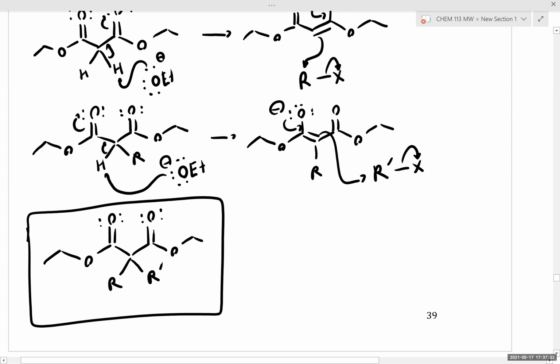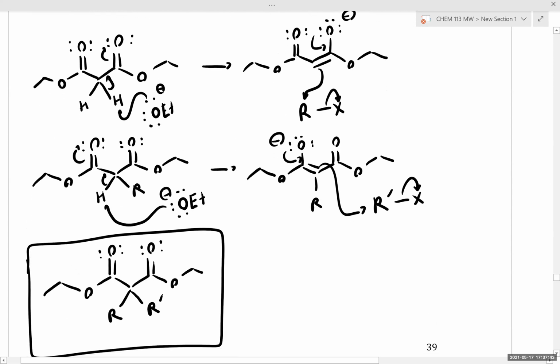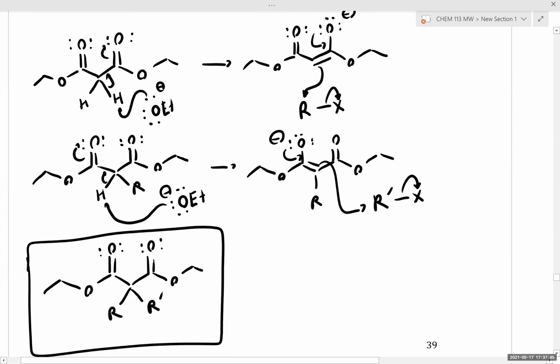Does this mechanism make sense for the dialkylation of a malonic ester? The key thing to note, the alkyl halides can be different, and you can stop this reaction at any stage. So by controlling the equivalents of base and controlling the amounts of alkyl halide, you can directly control what alkyl group is installed and whether the alkyl groups are the same or different.